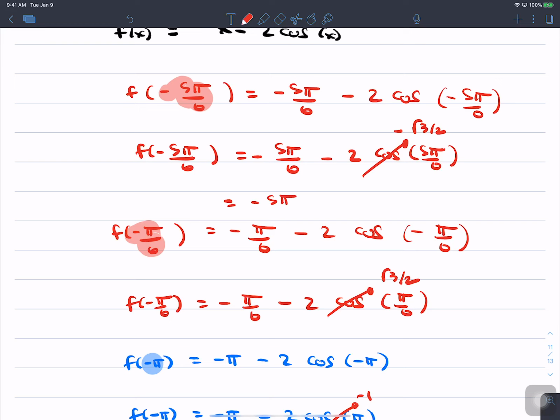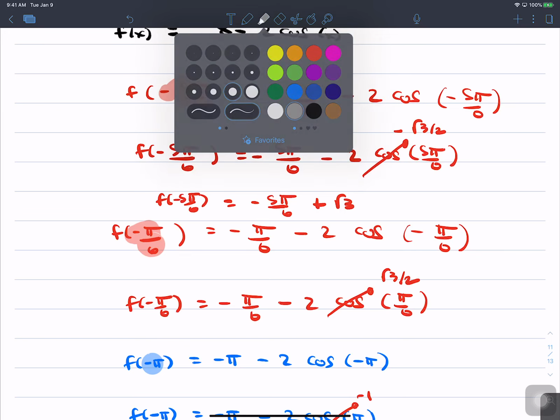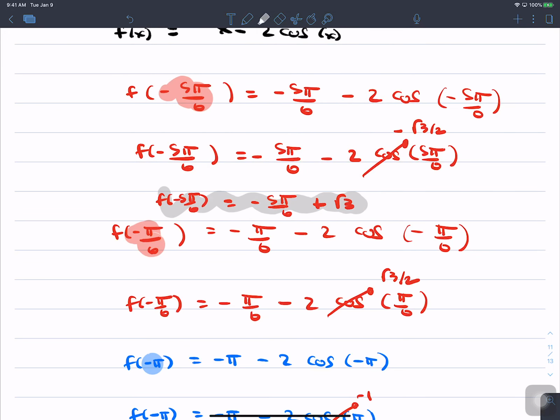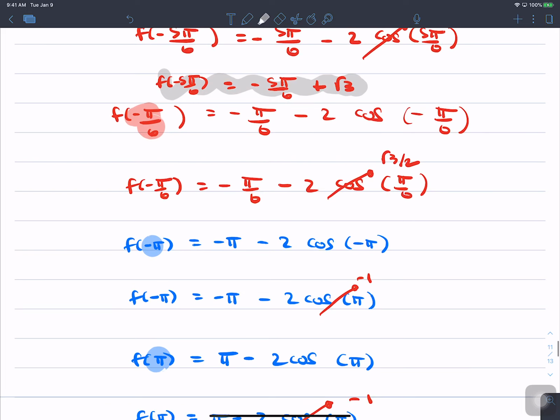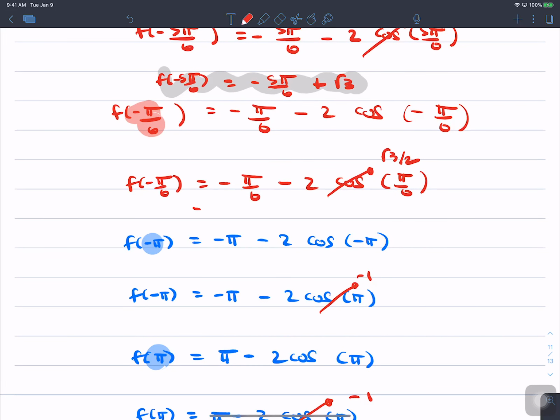So we get negative 5 pi over 6 plus, that'll be plus square root of 3. So I want you guys to be careful here. All right, let me highlight it or something. I did some arithmetic. Over here, minus pi over 6, and that's minus the square root of 3. Okay, and that will be f of negative pi over 6.